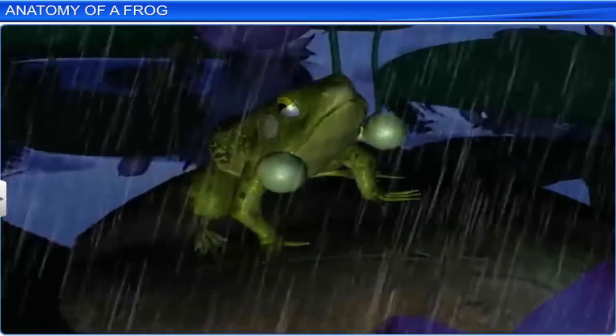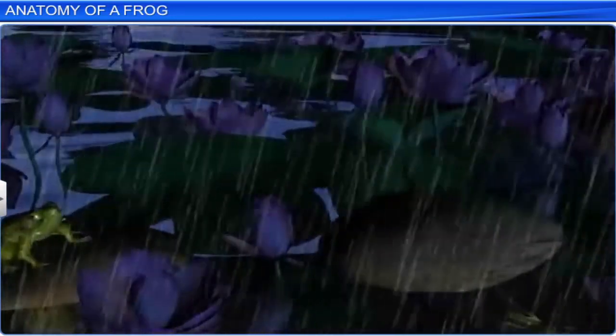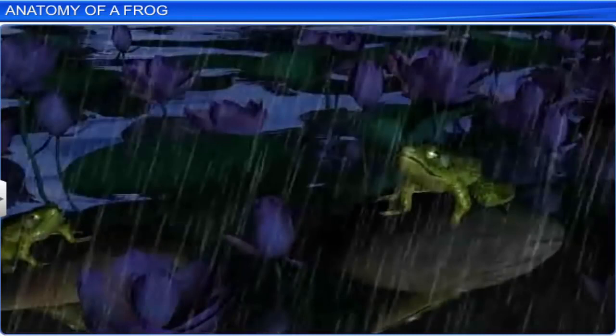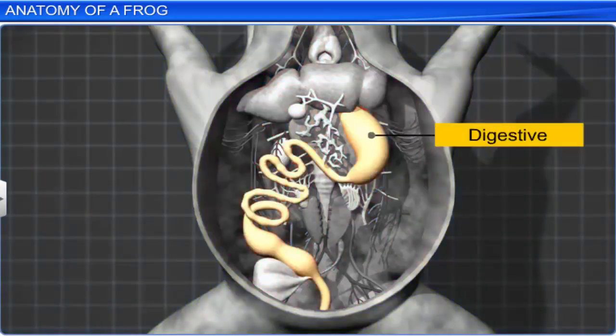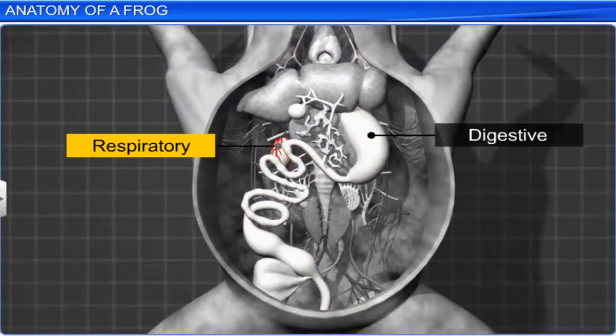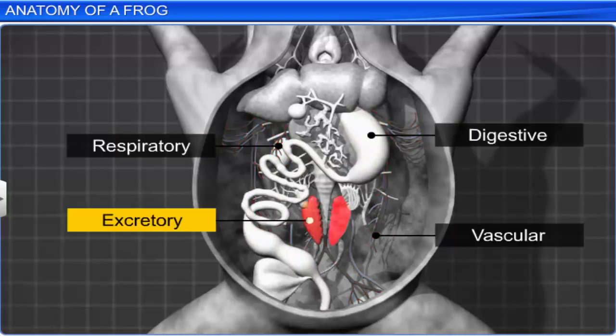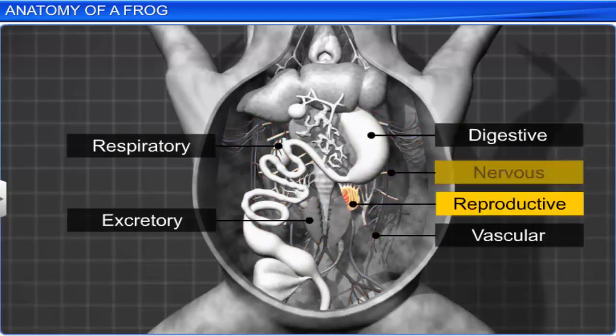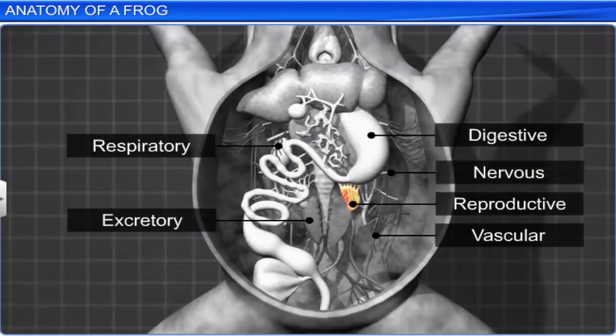Frogs have well-developed organ systems. Their digestive, respiratory, vascular, excretory, nervous, and reproductive systems are held in a body cavity. Let's take a look at each system in detail.